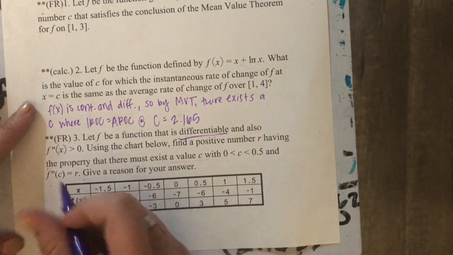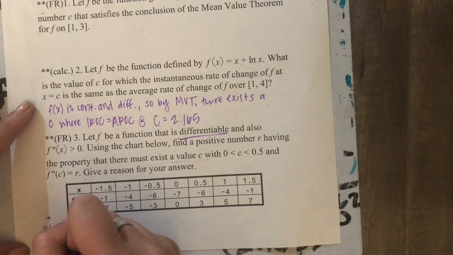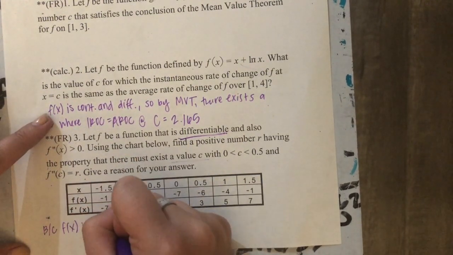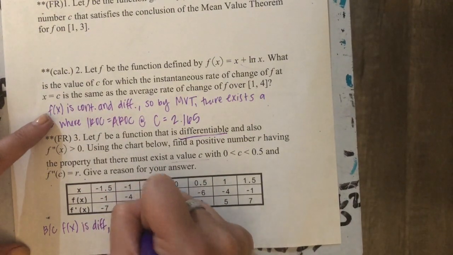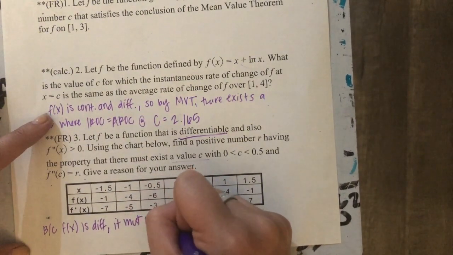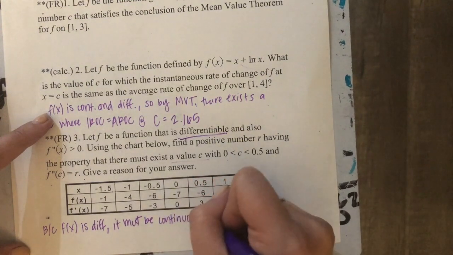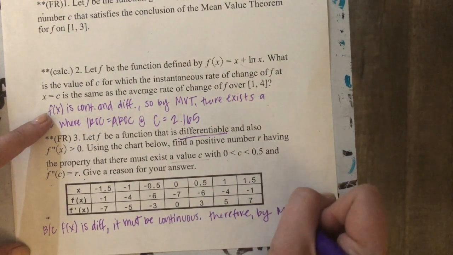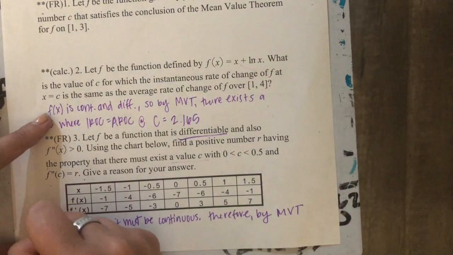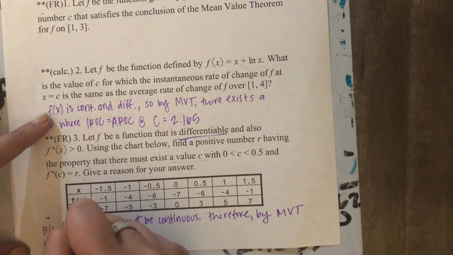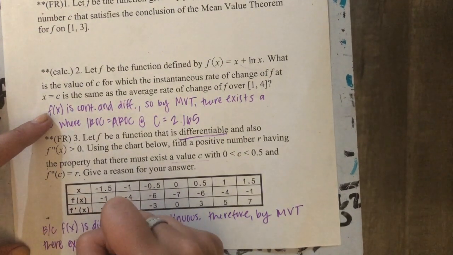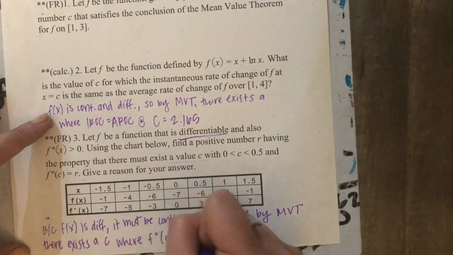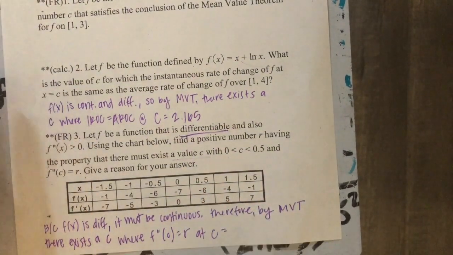So we know that because f of x is differentiable, it must be continuous. Therefore, by MVT, there exists a c where f double prime of c equals r, at c equals, we need to find it.